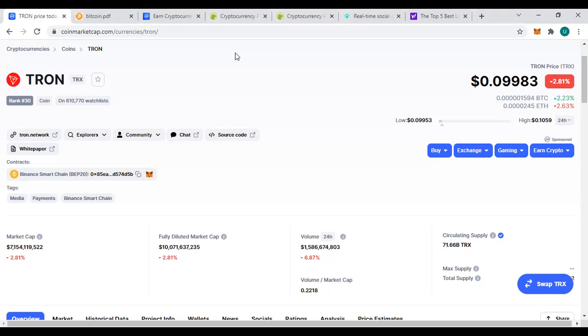So the difference between $716 billion and $7 billion, are you seeing the difference? The difference is too big. Now, the point I want to show you is how many years it took Tron to get to this $7 billion market capitalization.